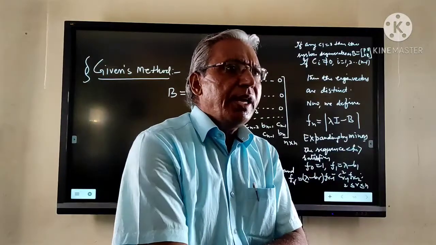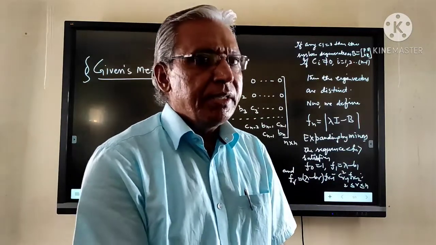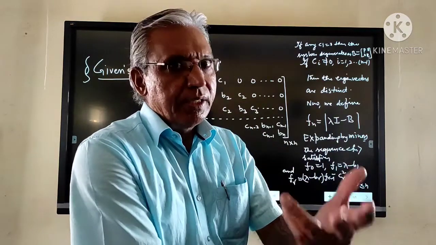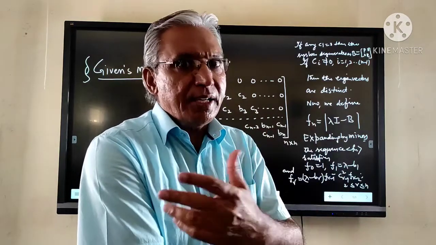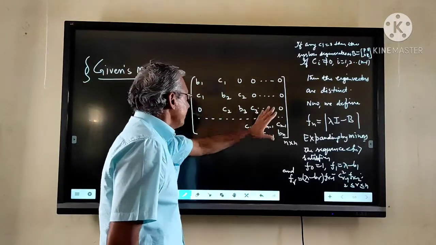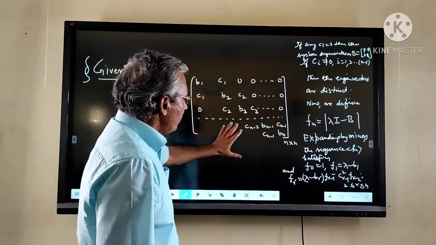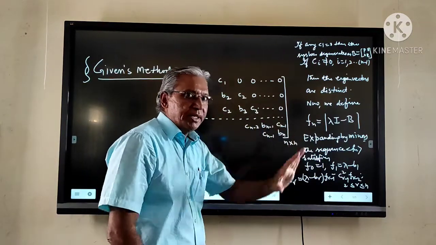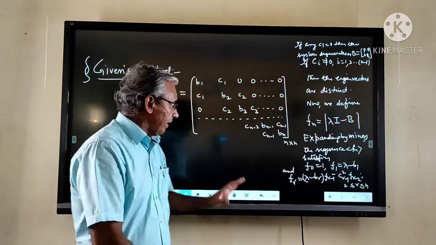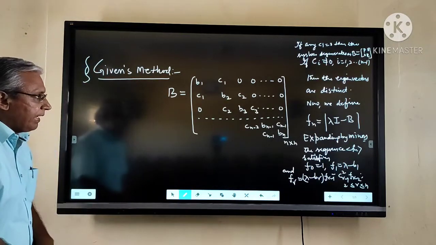If A is a real symmetric matrix of order n by n, then after tridiagonalization we have the required matrix B equal to this. This is B1, B2, B3 and so on, here C1, C2. This is a tridiagonal matrix of order n by n.